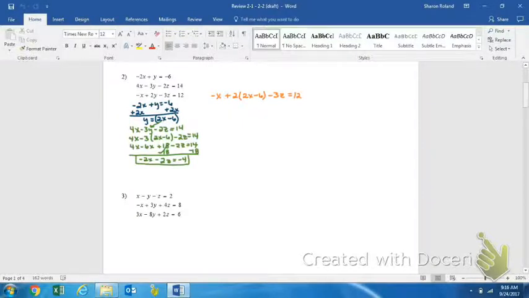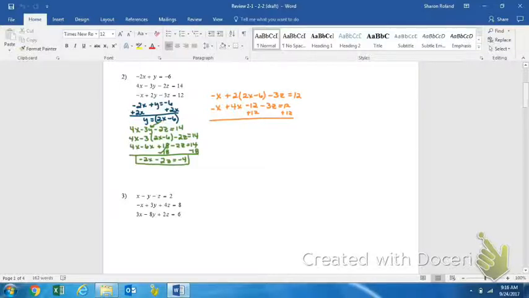Okay, let's distribute that 2 into the parentheses, and that would be negative x plus 4x minus 12 minus 3z equals 12. I'm going to add 12 to both sides and combine these x's.